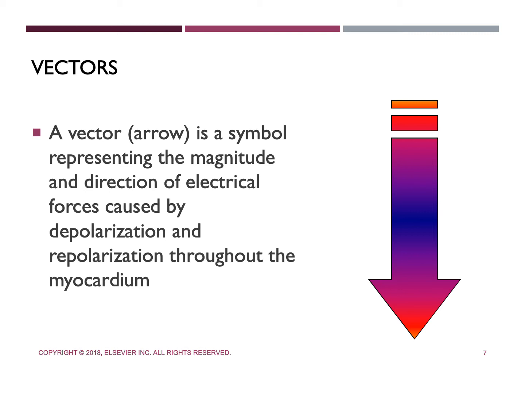A vector is also known as an arrow, and basically it is a symbol representing this force that I just explained. A vector is going to point in the direction of depolarization. Leads that face the tip or point of a vector are going to record a positive deflection on ECG paper.